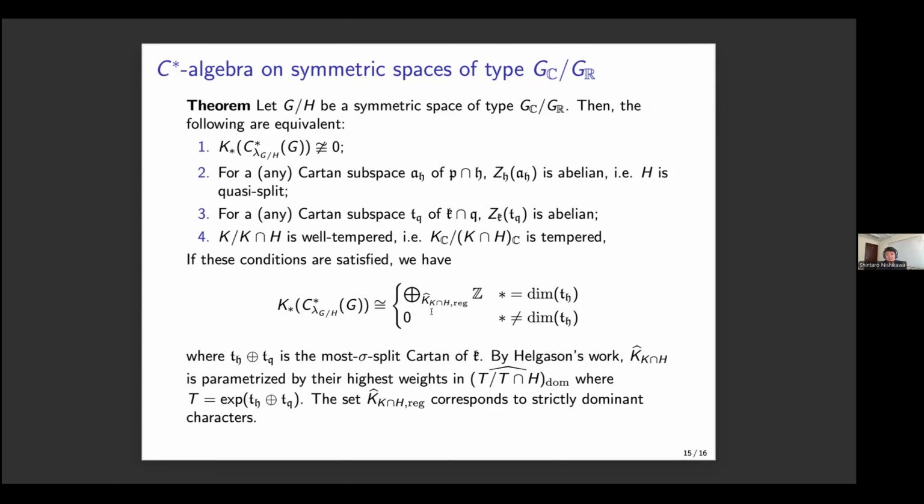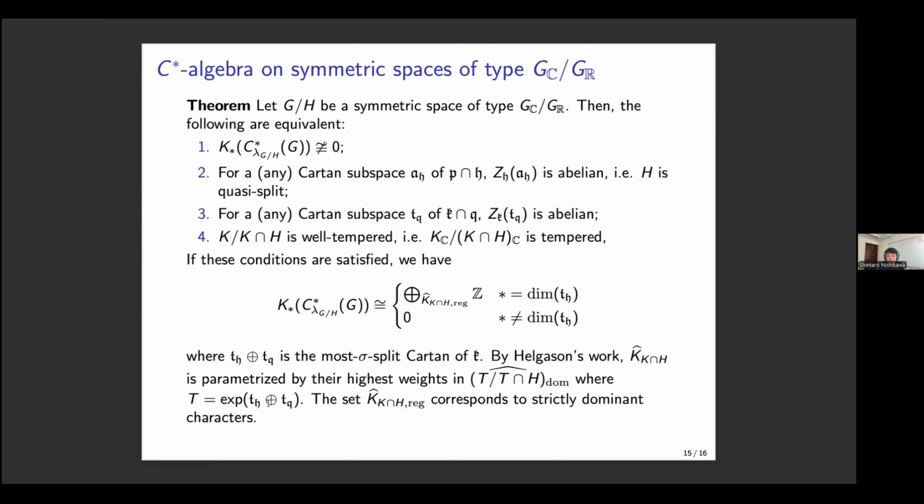So there's a special class of representations of K which occur in K mod K cap H, and I call it K sub K cap H. And then regular means a regular part of this representation.